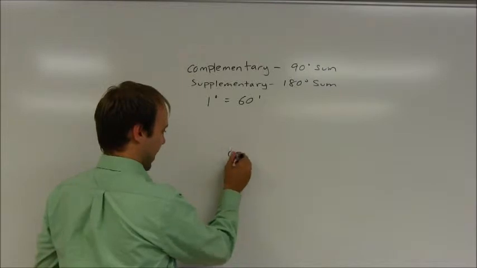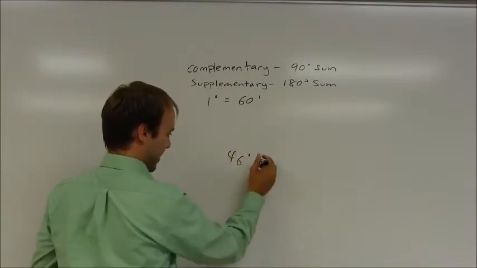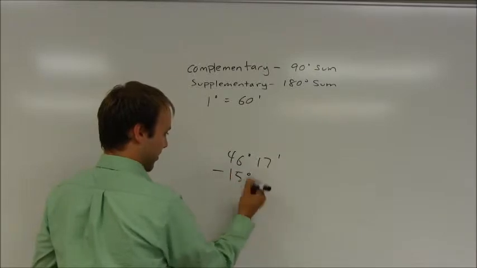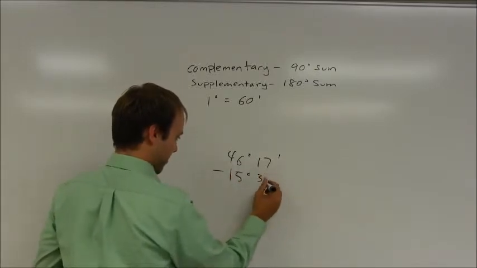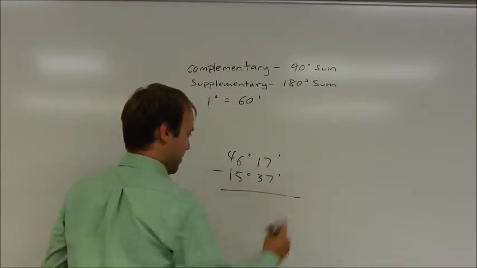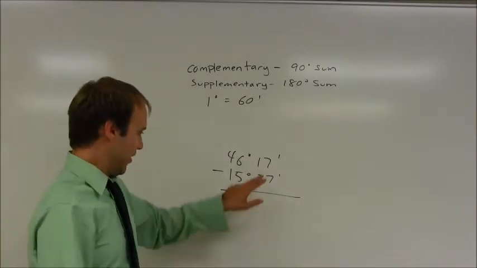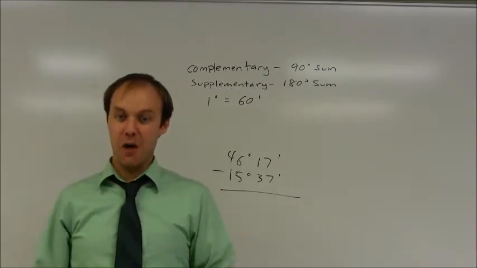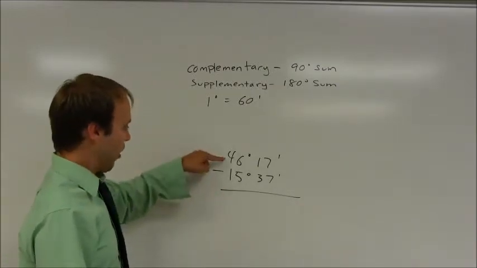Okay, so I may have something like 46 degrees, 17 minutes, and I want to subtract 15 degrees and, if the number's easy here, 37 minutes. Now the problem here, if I subtract, I get a negative. I don't want a negative number of minutes, but I can borrow over here.